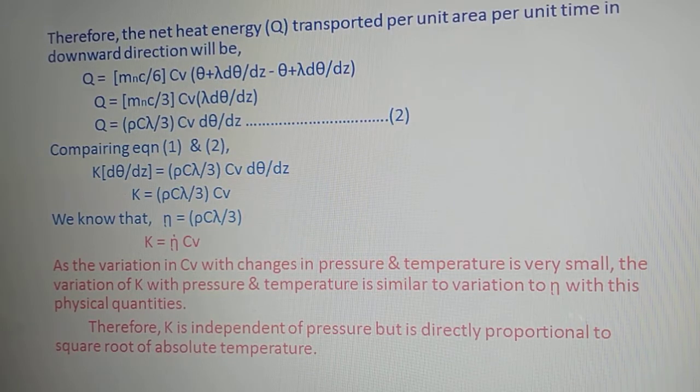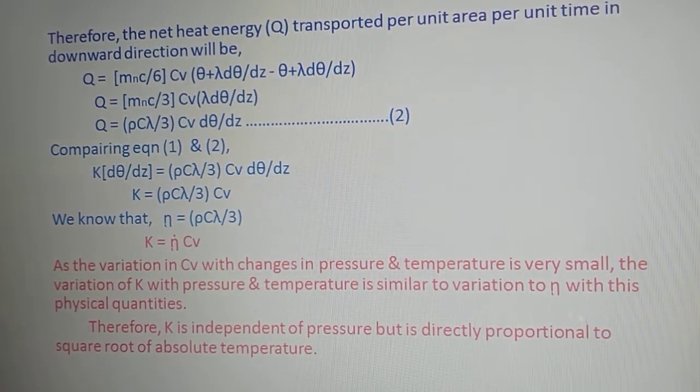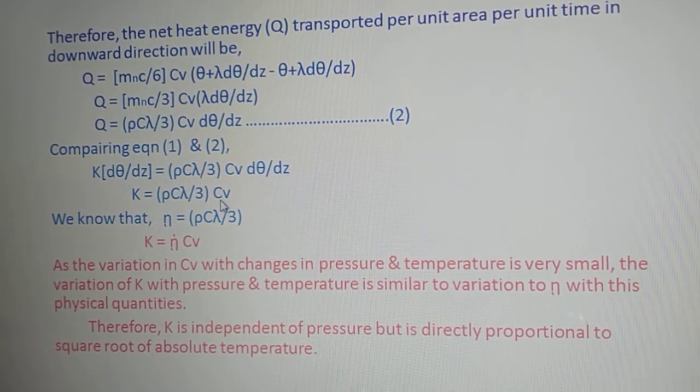Let us call this equation number 2. If we compare equations 1 and 2, we can easily write K into d theta by dz equals 1/3 of rho c lambda into Cv into d theta by dz. Therefore we can write the relation for thermal conductivity: d theta by dz gets cancelled, and we get K equals 1/3 of rho c lambda into Cv.